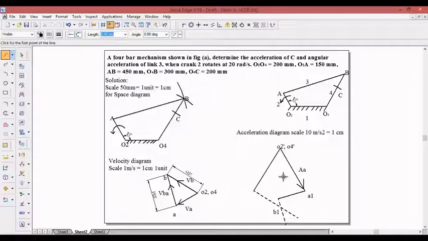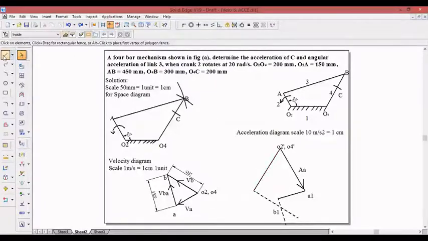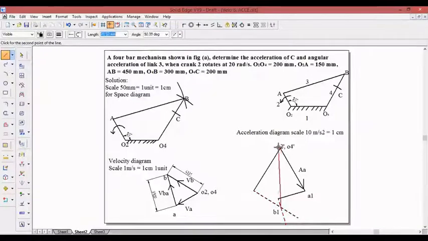If you join this intersection with O2, that will be the acceleration of point B. Intersection to O2.